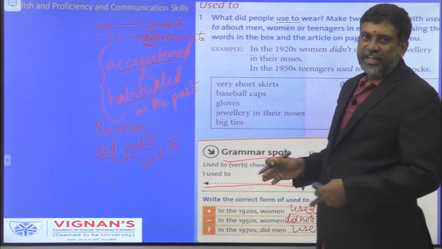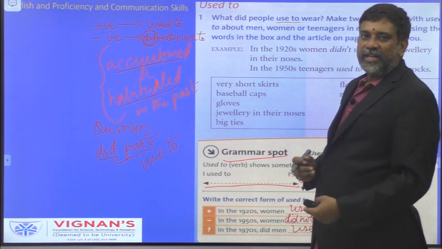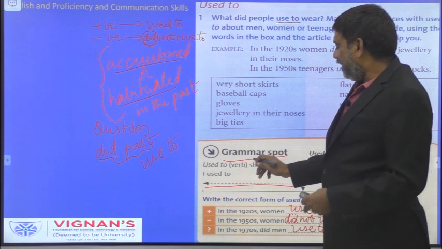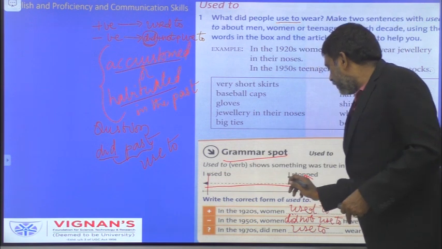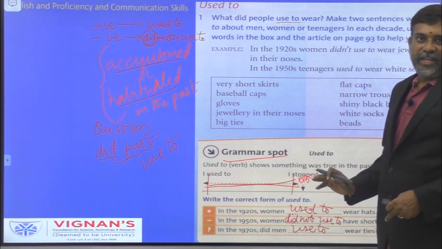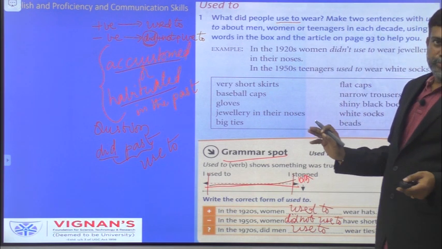If it is a present action which is continuing for a long time, we have to say used to, and a habit which was there with us for a long time and now it is not there, we use used to.